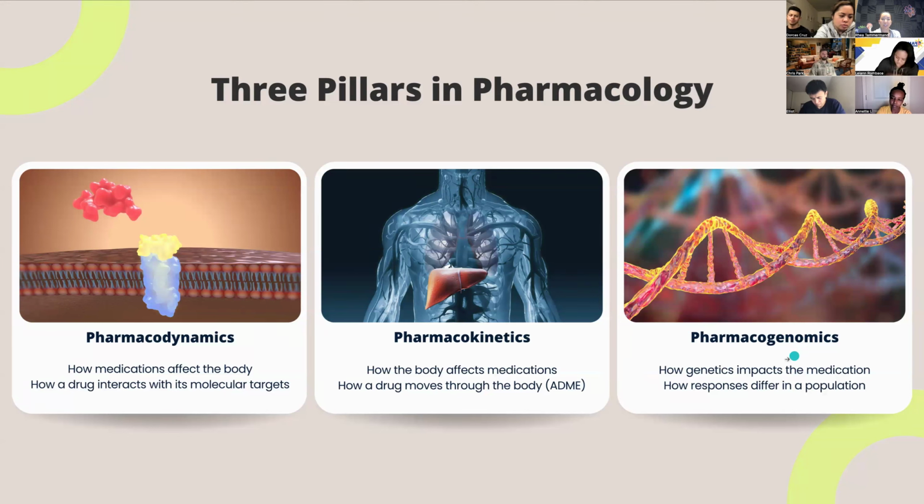Pharmacogenomics is an interesting new field looking at how somebody's genetics really impacts the medication response. Why is it that when I give somebody anesthesia, person A and person B, who seemingly look the same, maybe have the same ethnicity, the same age, the same sex, the same everything, one person wakes up right away, and person B takes an hour to wake up, an hour to recover, and they got the same drug?